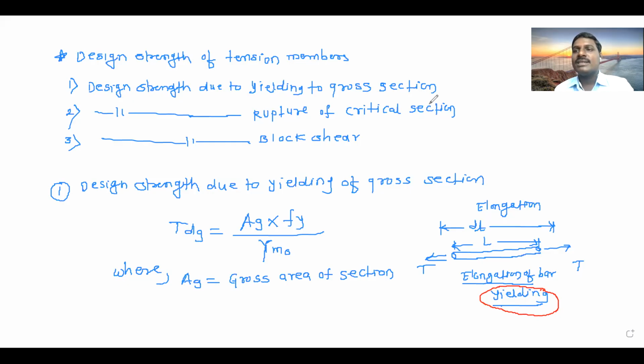That is nothing but ताणल्यामुळे जी काय त्याची एरिया रिडक्शन झाला, and due to that reduction of area the member will fail. That is nothing but yielding of gross section.